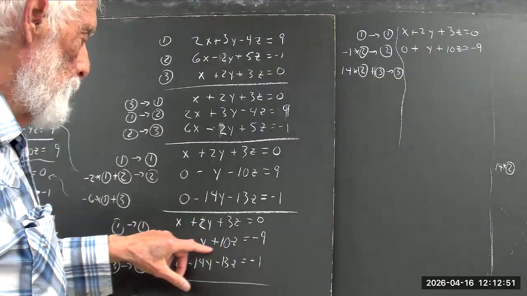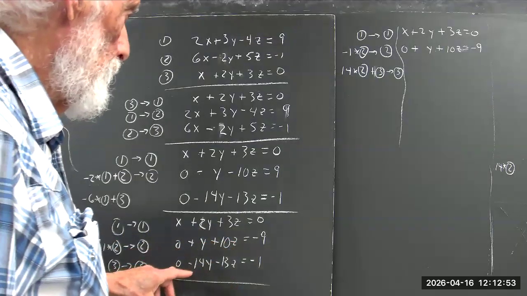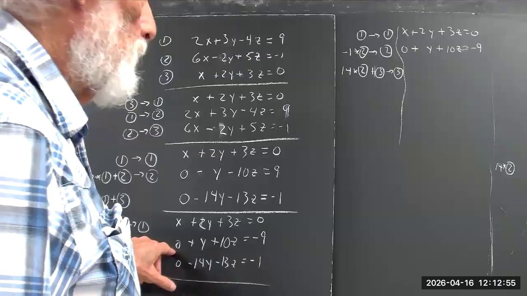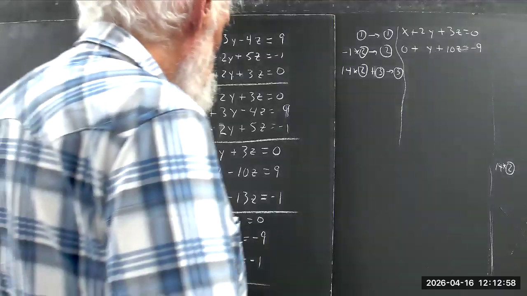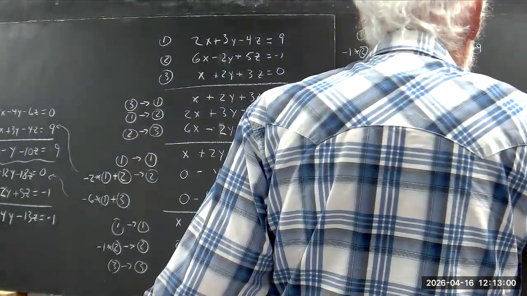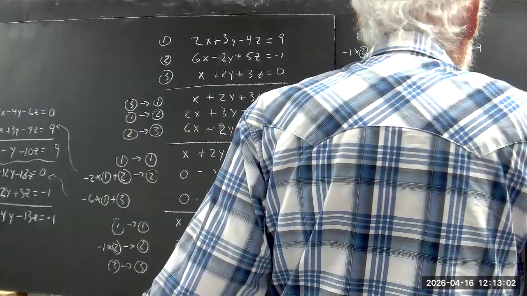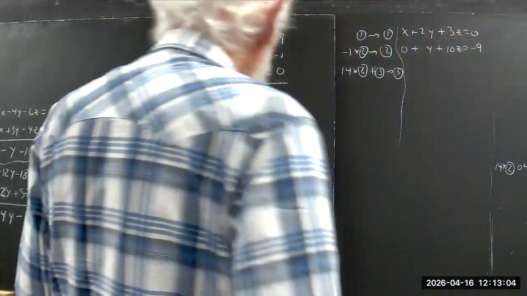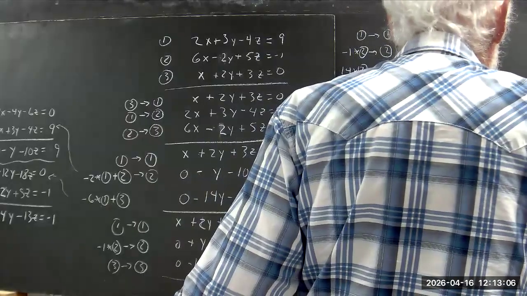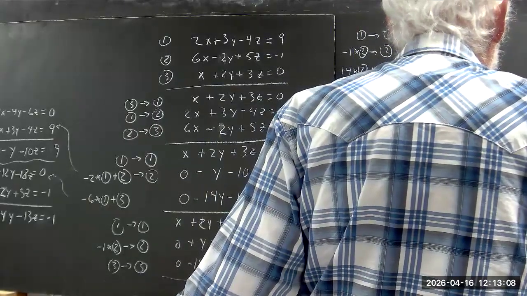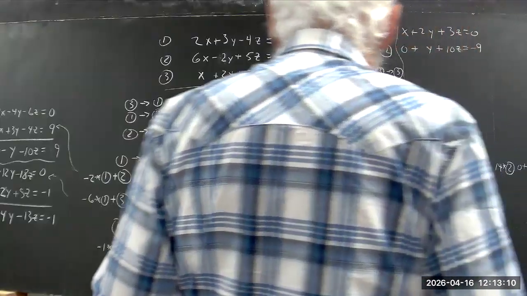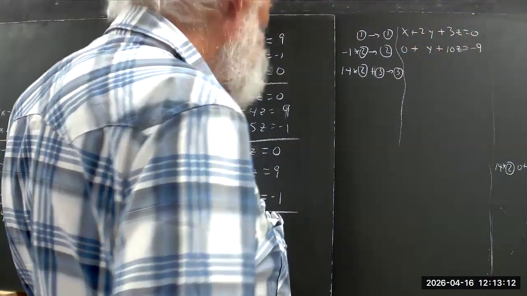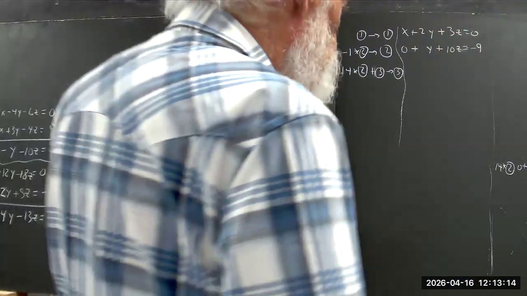I got 0 plus y plus 10z equals negative 9. 14 times 0 is 0. 14 times y is 14y. 14 times 10z is 140z. 14 times negative 9 is negative 126.